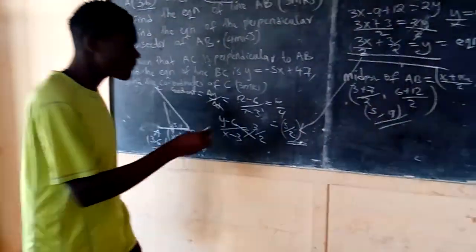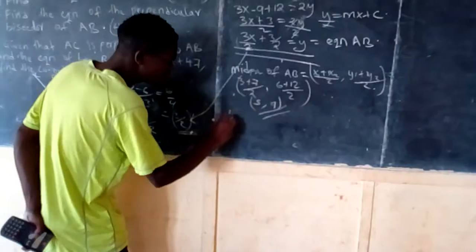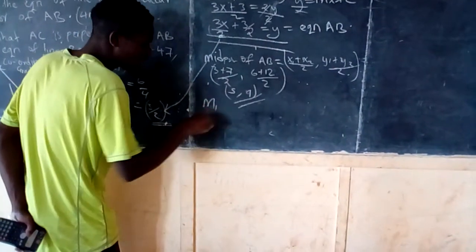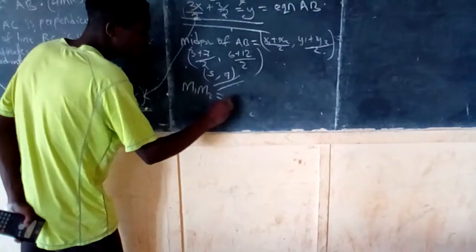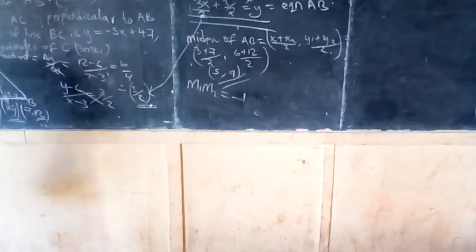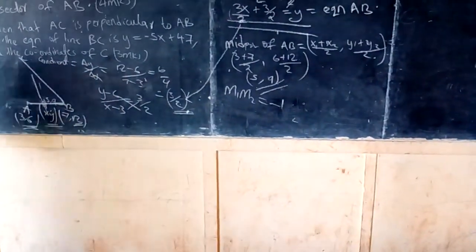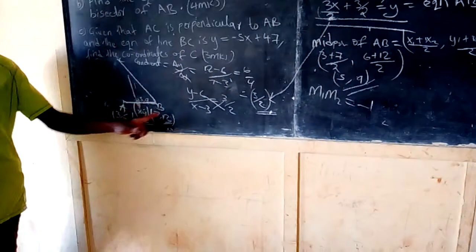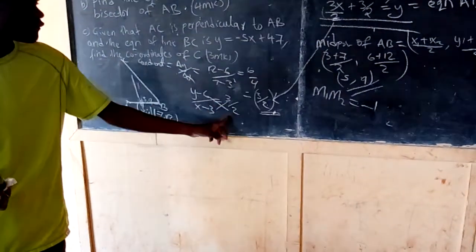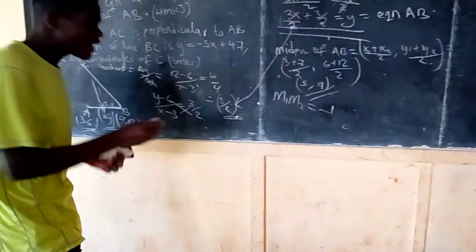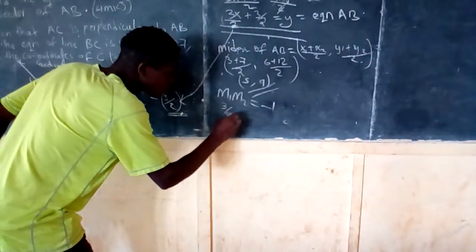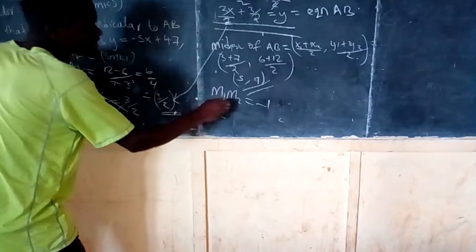We find that for two perpendicular lines, if we multiply their gradients m1 and m2, we get -1. This line is perpendicular to line AB, and the gradient of line AB was found to be 3 over 2. So m1 is 3 over 2.